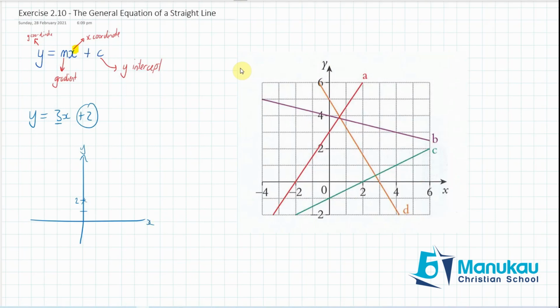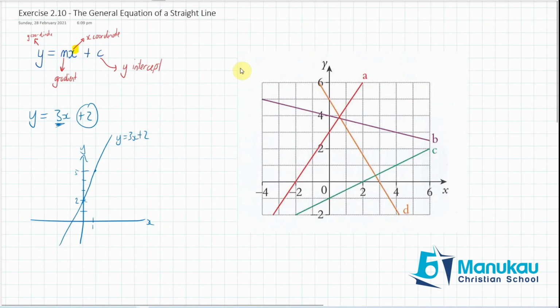And I know that every time I go across 1 unit, I'm going to go up 3 units. That's what a gradient of 3 means. So I would have a coordinate at 0, 2 and 1, 5. And so that would be quite a steep sort of line. That would be y equals 3x plus 2.